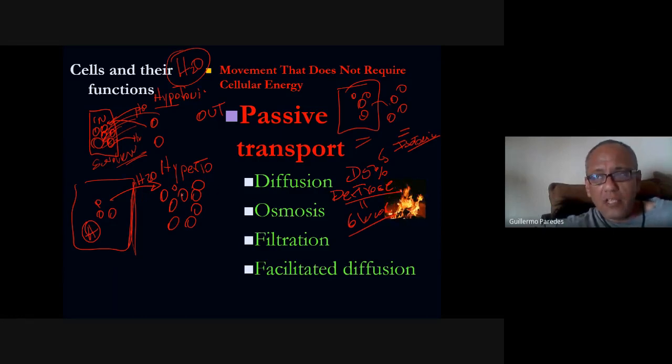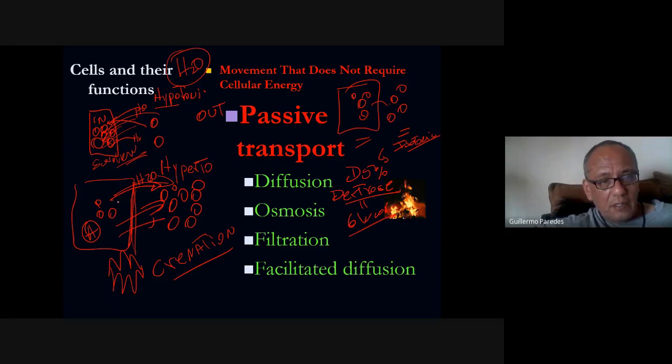If you give hypertonic, too much concentration, water starts to escape from the cell, and the cells are going to shrink. That is called crenation. When water goes out of the cell in a hypertonic solution, the cell shrinks because there is less water. Okay, we got it?